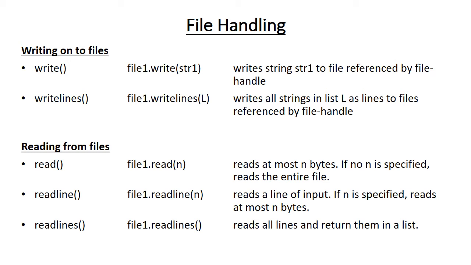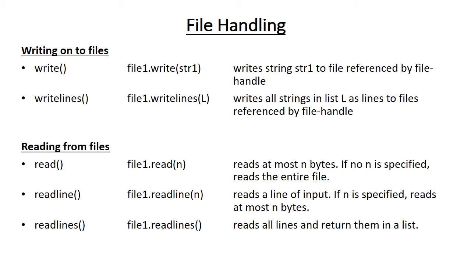That means before that we have to write file1 is equal to open with the file address and in which mode. After that file1.write(str1). Now writelines. file1.writelines(L) writes all strings in list L as lines, that means line by line, to the file referenced by the file handle.